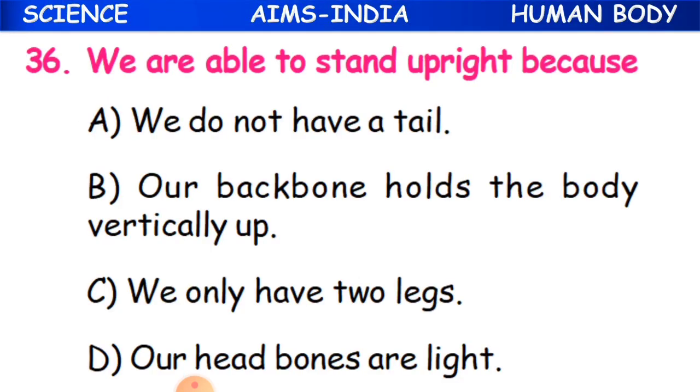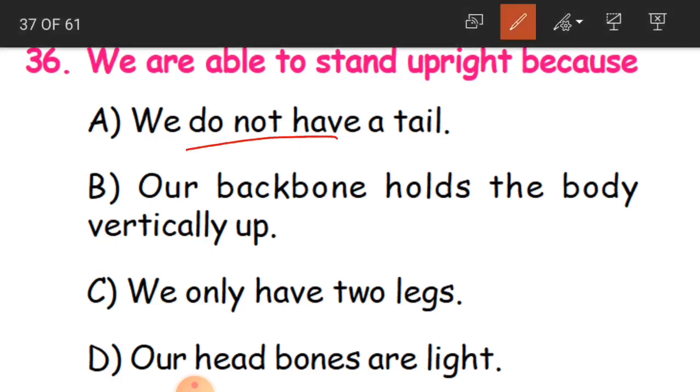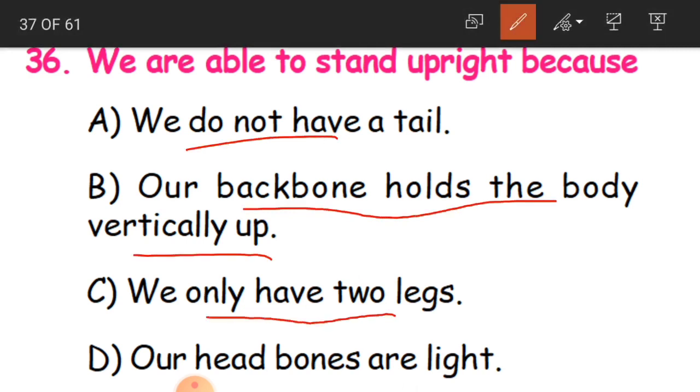36th question. We are able to stand upright because: we do not have a tail; our backbone holds the body vertically up; we only have two legs; our head bones are light. From these four options, which is the correct one?